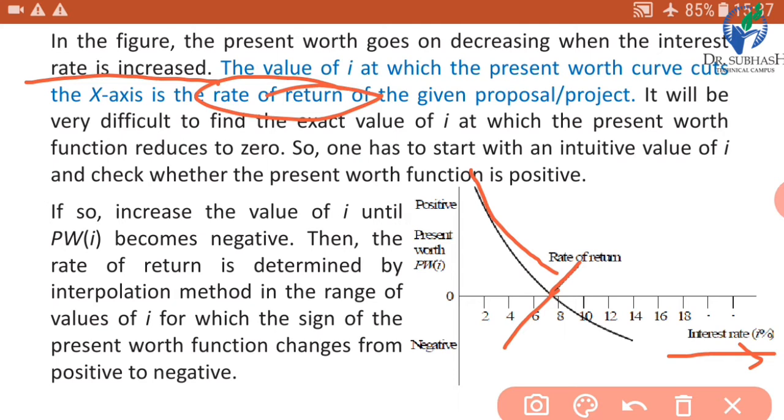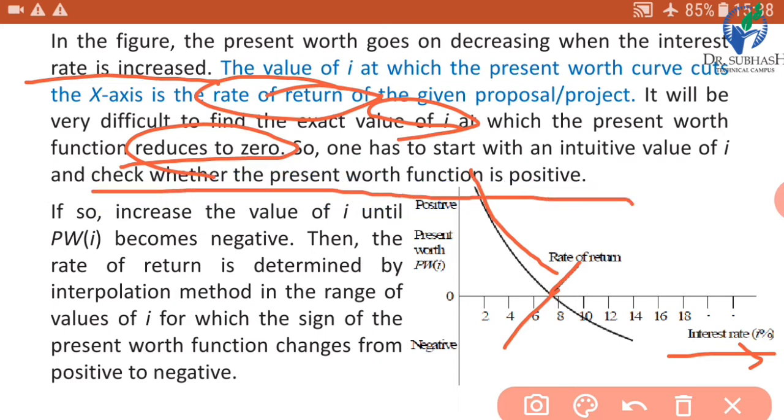It will be very difficult to find the exact value of i at which the present worth function reduces to 0. So one has to start with an intuitive value of i and check whether the present worth function is positive. So increase the value of i until the present worth becomes negative.